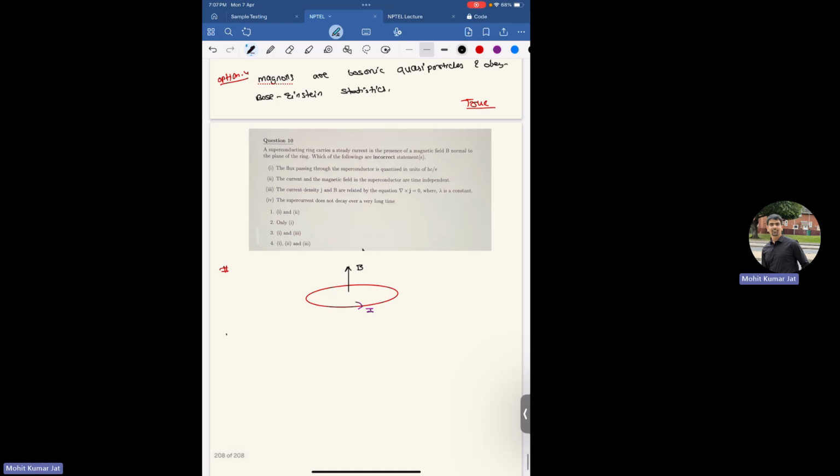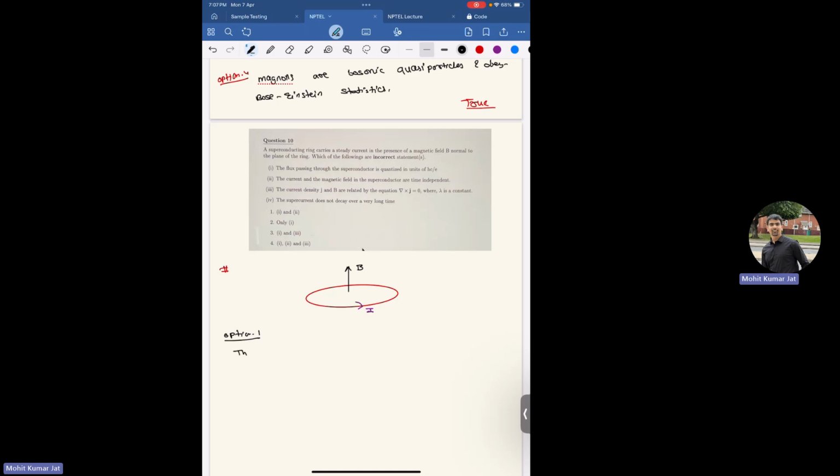So option 1. The correct unit of flux quantized in a superconductor is hc by 2e, not hc by e. And why 2e? Because they are Cooper pairs and have a total charge of 2e, not e.